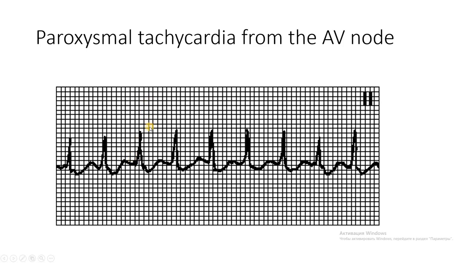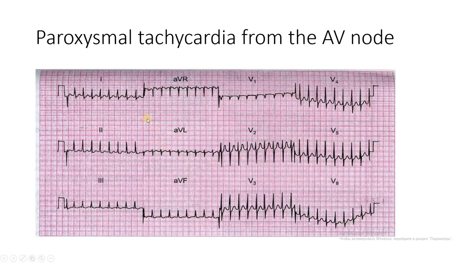This is paroxysmal tachycardia from AV node. Here P not visible. This is QRS complex, and this is T. P not visible. This is also paroxysmal tachycardia from AV node. P not visible.